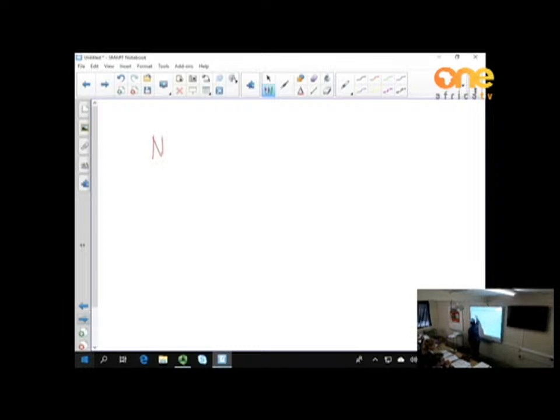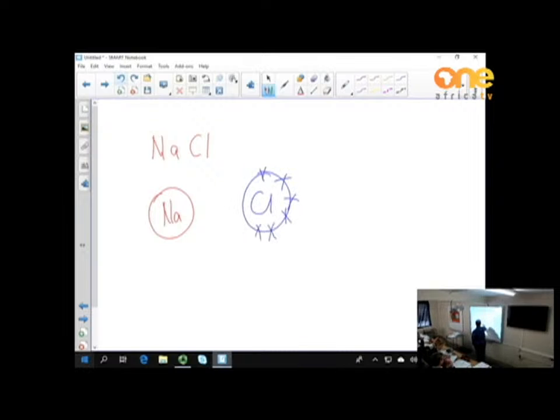For example, if I want to look at the bonding between sodium and chlorine to form sodium chloride, then I have one sodium atom with one electron in its outer shell, and I have one chlorine atom with 7 electrons in its outer shell: 4, 5, 6, 7. We find that the sodium, because it is the metal, is going to give its electron to chlorine, and we are going to get a positive ion and a negative ion.